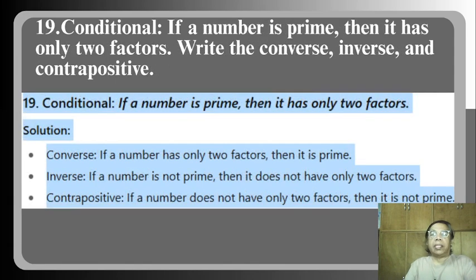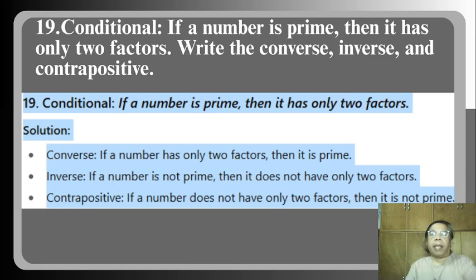Number 19. Conditional: if a number is prime, then it has only two factors. So the converse: if a number has only two factors, then it is prime.